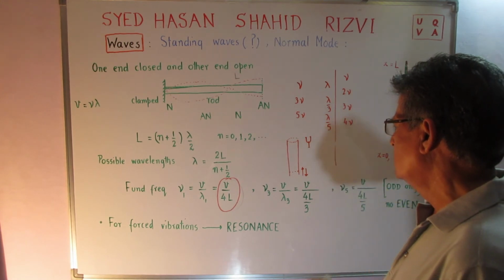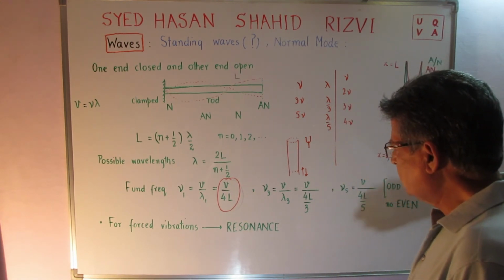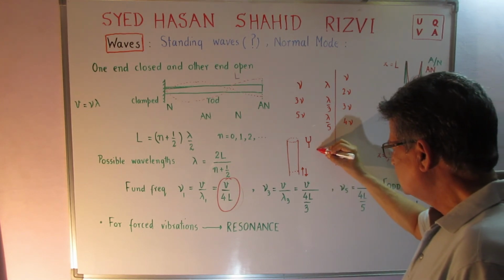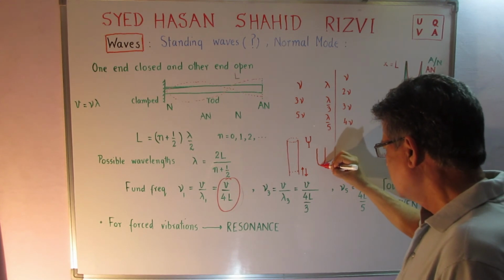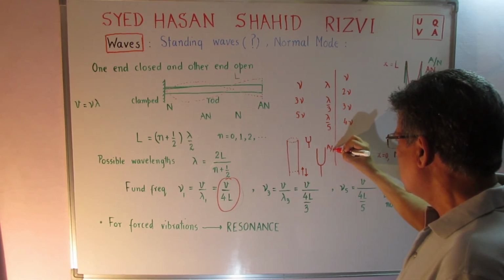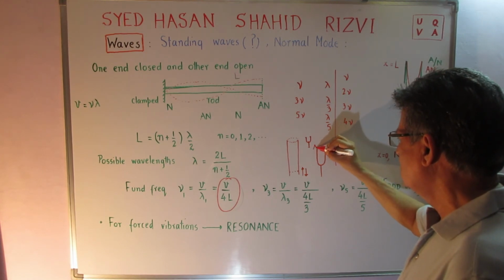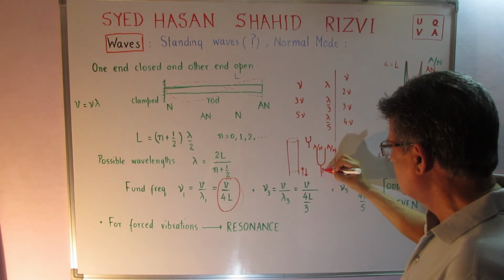This is called the tuning fork. Tuning fork itself, you can see that it is like this. Here there is an antinode, and here also there is an antinode, and here of course there is a node.